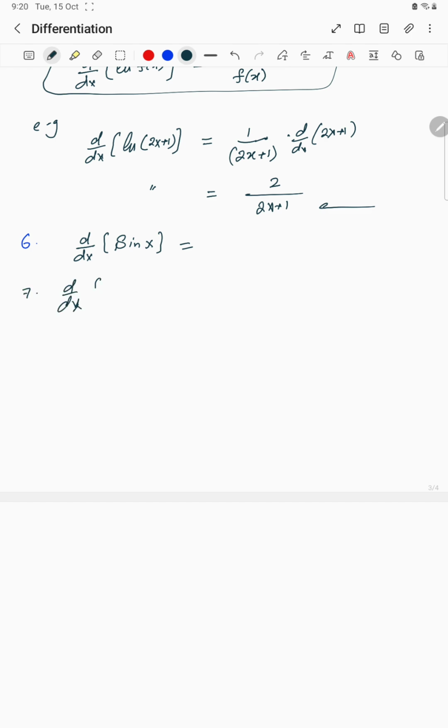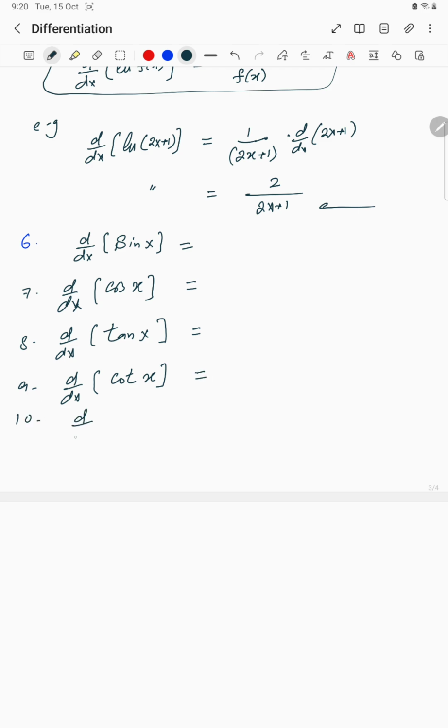Let me write all six functions: cosine of x, 8: d by dx of tangent of x, d by dx of cotangent of x, abbreviated as cot, d by dx of secant of x, and finally d by dx of cosecant of x. Okay, so here is the result I'm going to write.